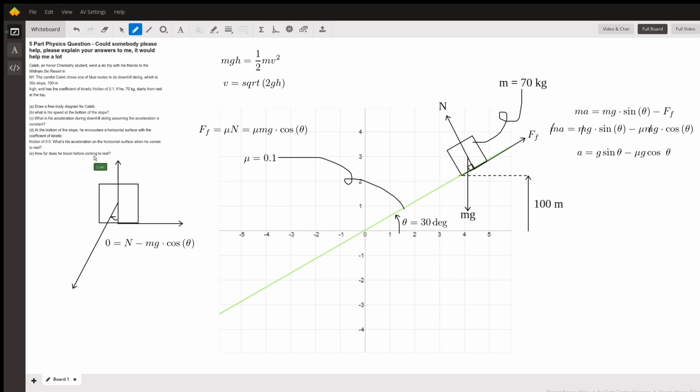And how far does it travel before coming to rest? Well, that is going to take into account that we have an initial velocity on that flat surface. We have an acceleration on the flat surface of negative mu g. And then you can use the kinematic equation for the final velocity squared to do this equation here.